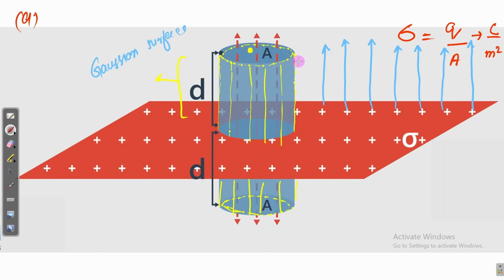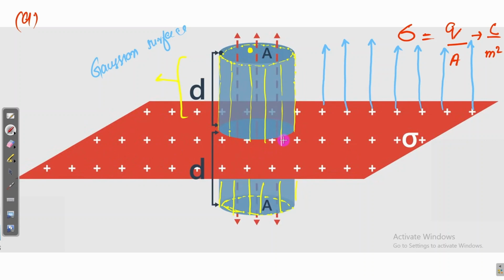So the blue color is the Gaussian surface in the form of a cylinder. It is just like a pipe-like structure, with the same length above and the same length below this sheet.